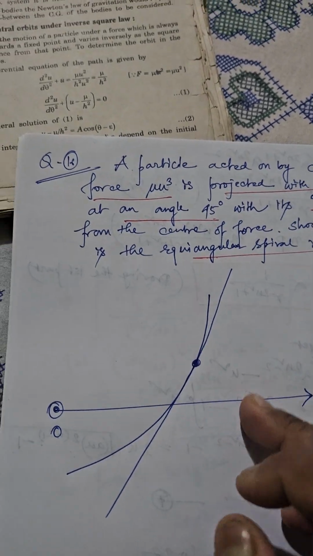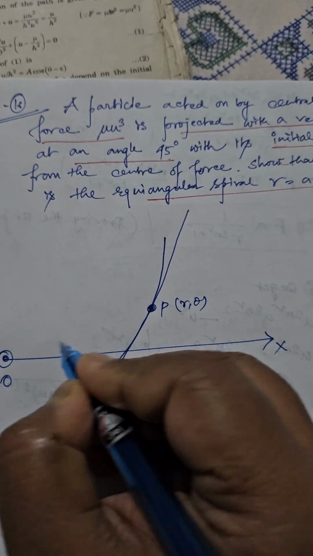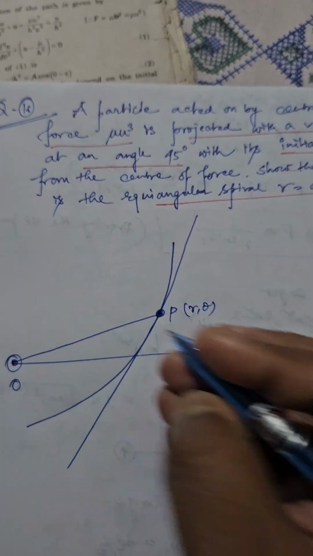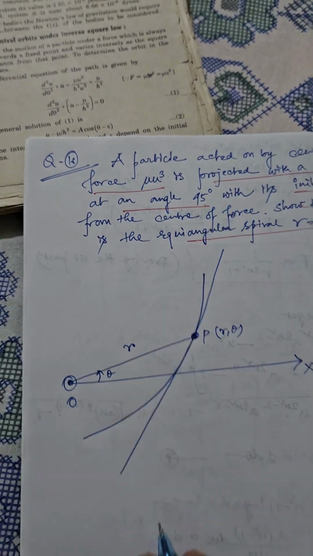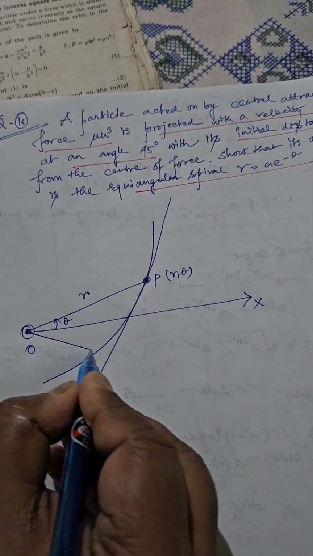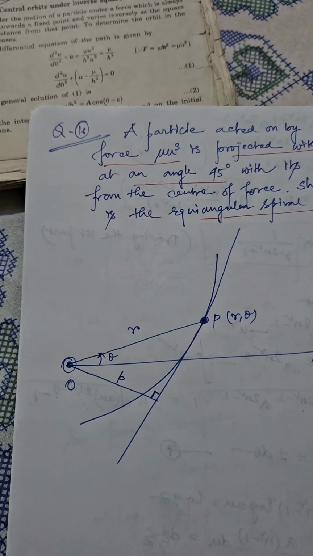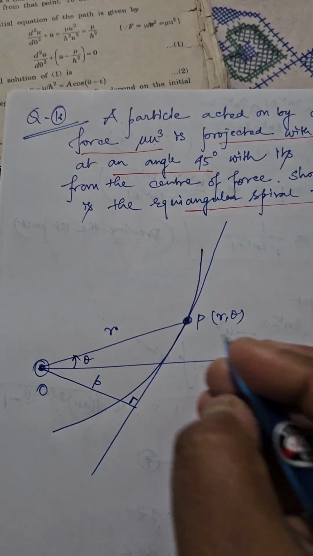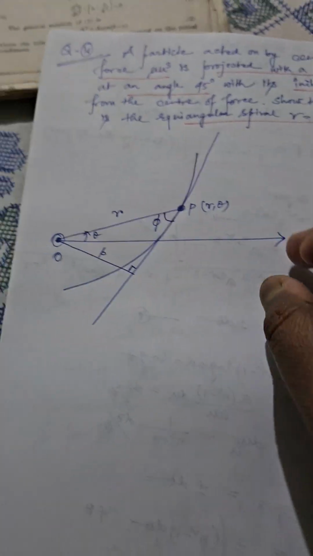We have drawn the tangent through that position, p equals to r comma theta. You can join it. So this is the radius vector r, this will be theta. You can also create the perpendicular, so this will be denoted by small p, and here this angle can be considered as phi. So this is our initial diagram.